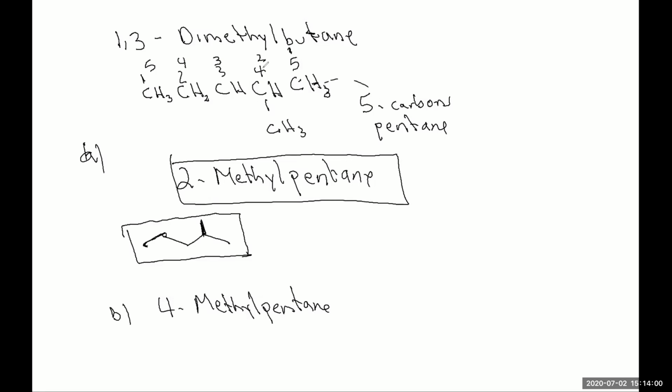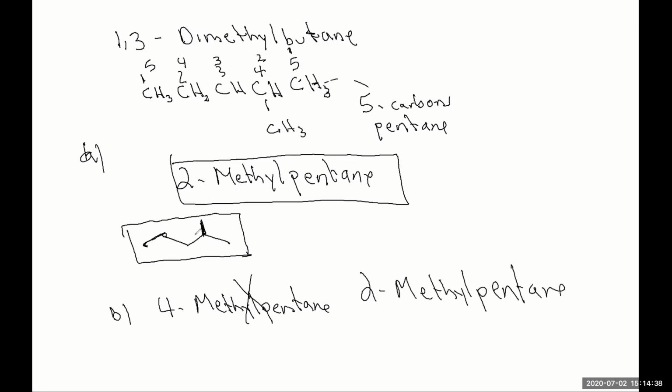If we numbered this compound pentane from left to right with 1 here, the methyl would be at 4, and we'd name it 4-methylpentane. But we have to number it from right to left because we want the lowest number for the first substituent, which would be 2 instead of 4. So that's why instead of 4-methylpentane, we want 2-methylpentane.